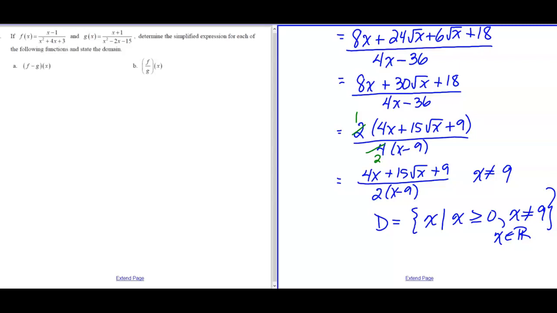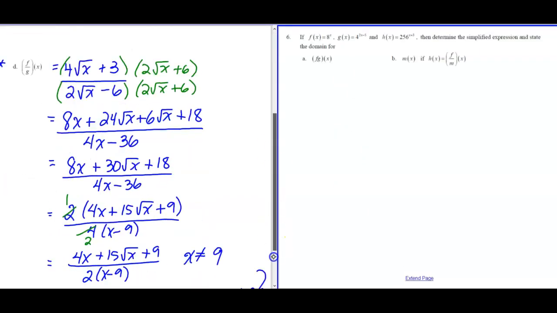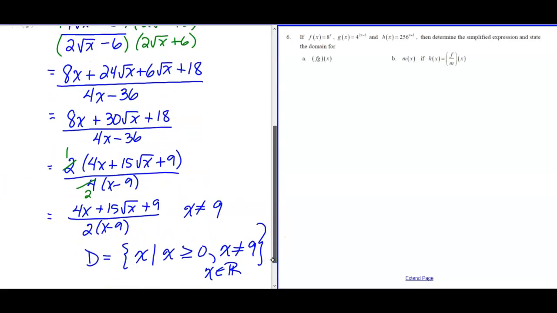Okay, so then we get into some exponentials. So we're just going to do B together. B is determine the simplified expression and state the domain for m of x. Okay, well, what's m of x?